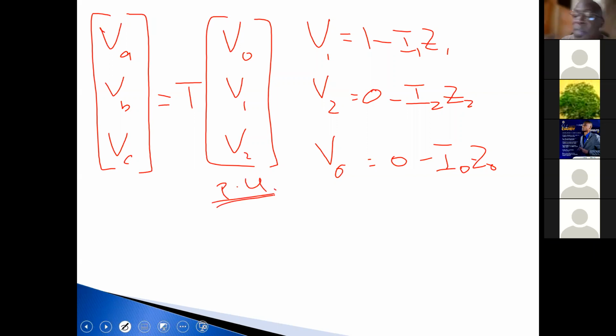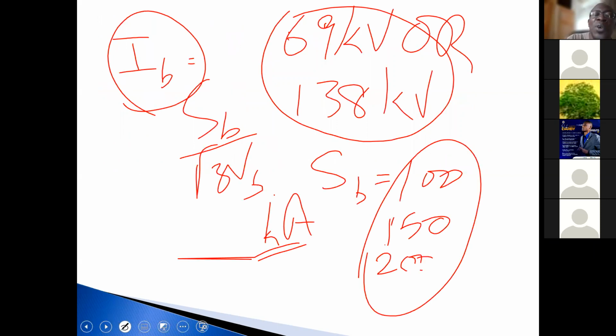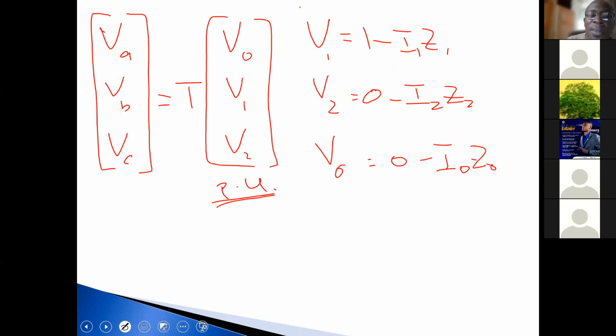We asked for the phase voltages. So the phase voltages must be the actual values. So based on the selection that we did for V base, once we have gotten VABC, we'd multiply that by the base voltage in order to get the actual.